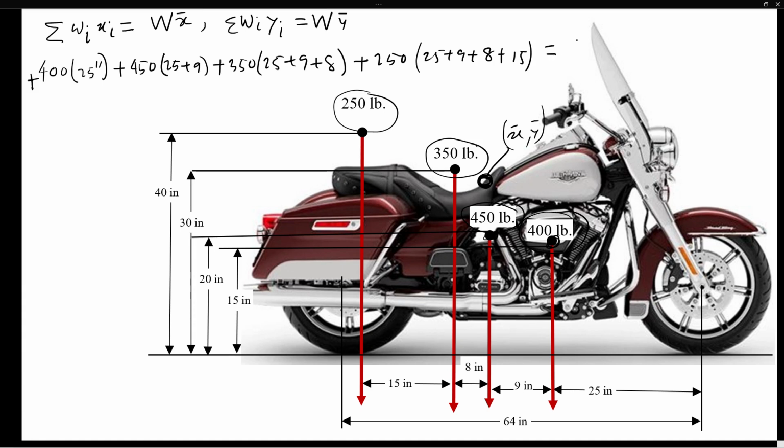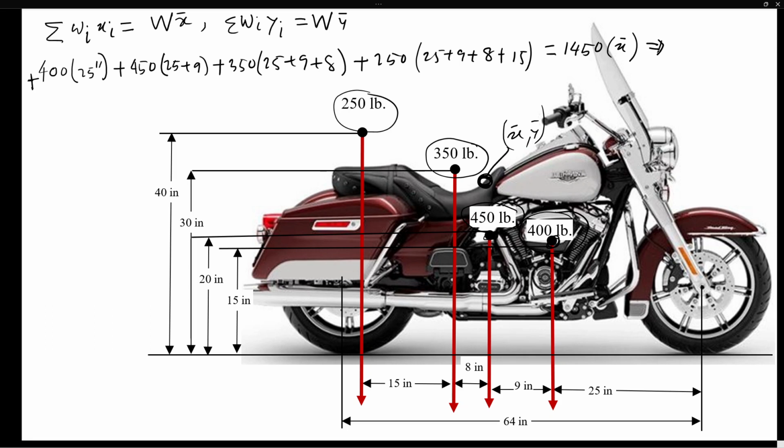This will be equal to the total weight of the motorcycle. If you add these 250, 350, 450 and 400, that is 1450 pounds, times the center of that mass or weight.